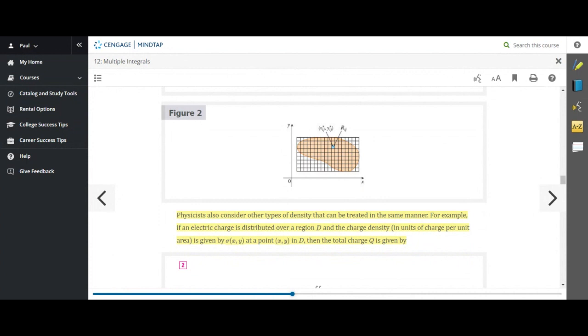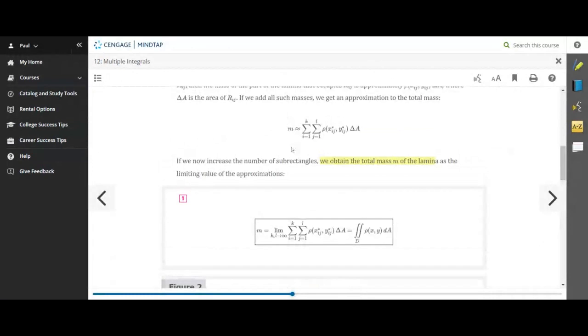That means we would have to pick a point in each subrectangle, compute its density at that point, and multiply by the area of the little subrectangle, and that's going to give us a little mass. So picture computing a bunch of little masses in each of those little rectangles that overlay the region D, that orange lamina, and then adding up the masses. Well, that would give you then the total mass.